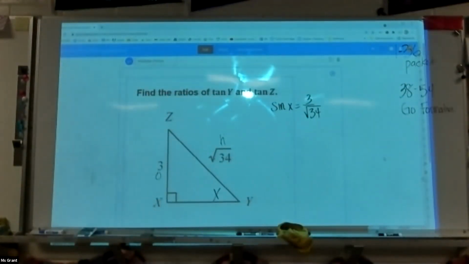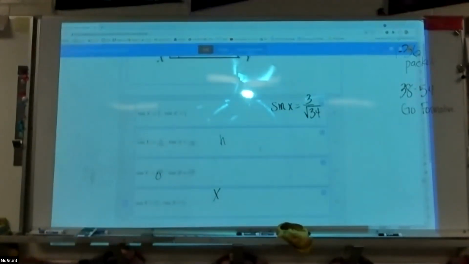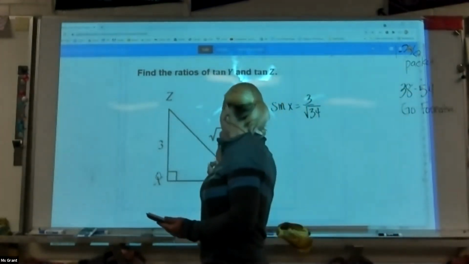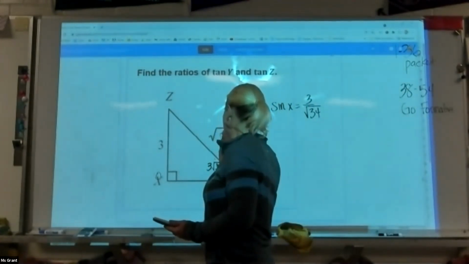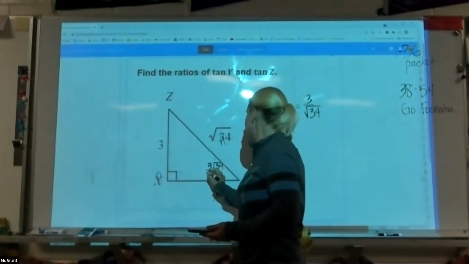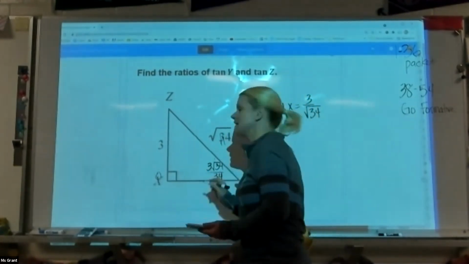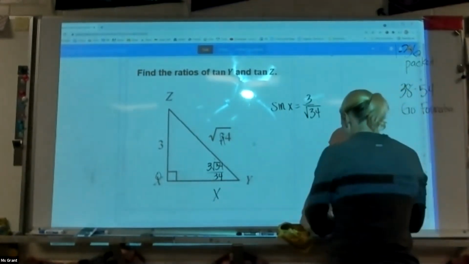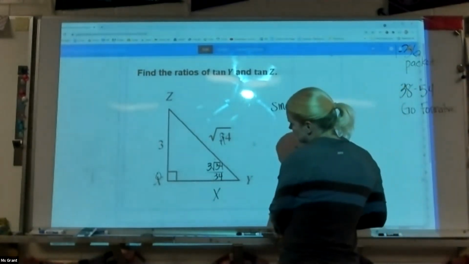Opposite over hypotenuse. Oh, it's 3 rad 34. Sheesh. Okay. You guys, they left the angle measure in the answer key in radical form, which is fine. Okay.